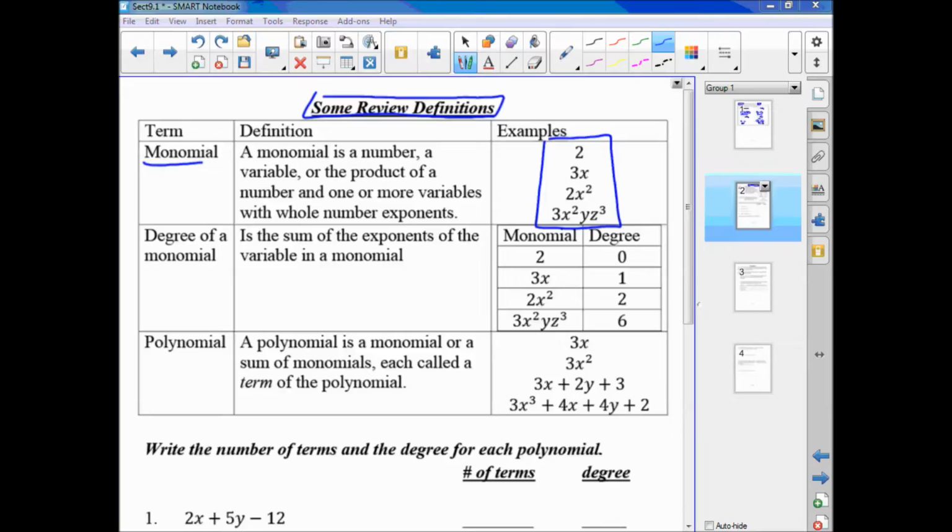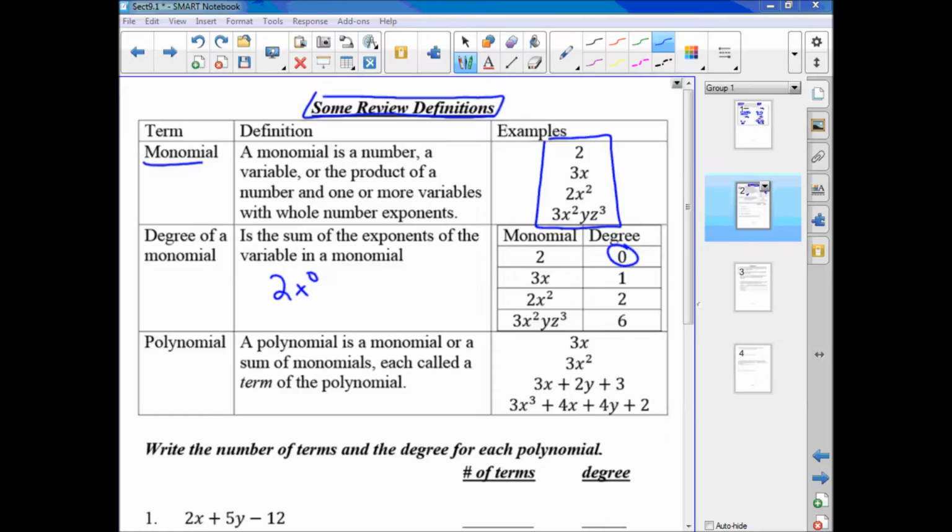So the degree of a monomial is the sum of the exponents of the variables in the monomial. If we have 2 here, there are no variables, so that means the degree is 0 because there are no exponents. You can think of it this way: if it had an x as a variable, its exponent would have to be 0 so that it could turn into a 1, and then we have 2 times 1, which is still 2.